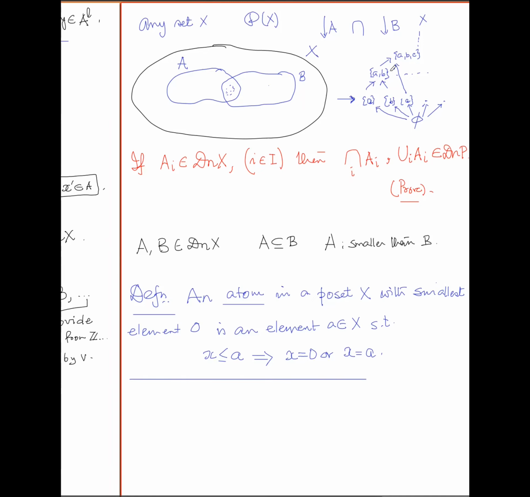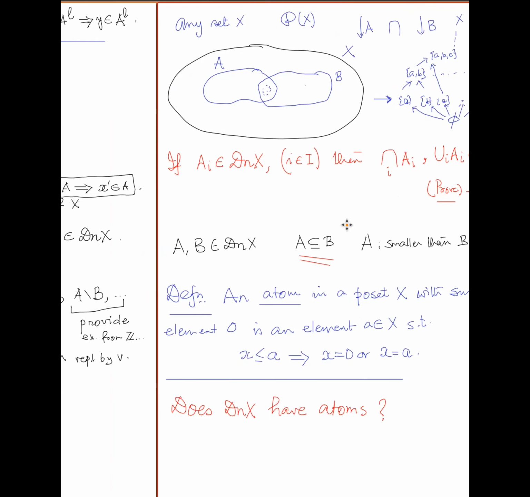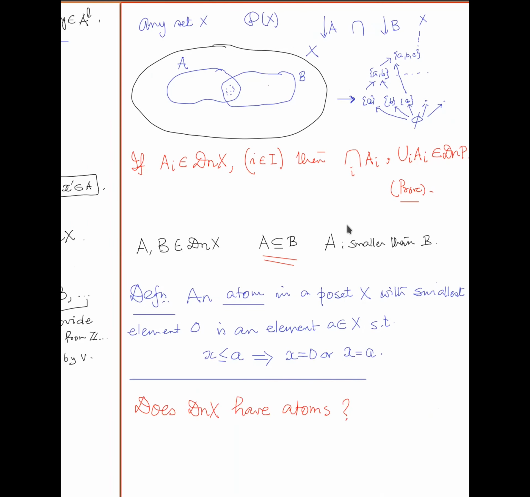So my question to be proper is, does the collection of downsets have atoms? You should ask the first question, is it a poset? Yes. We have already seen that this makes it a poset because this relationship of being a subset is reflexive, antisymmetric, and transitive. And does it have a smallest element?